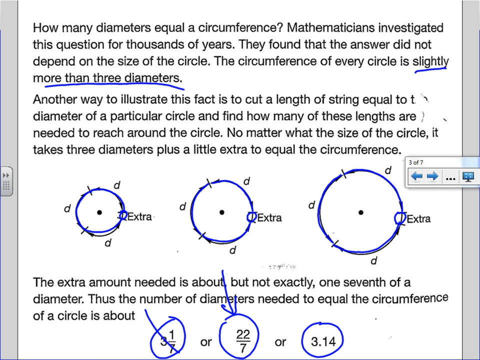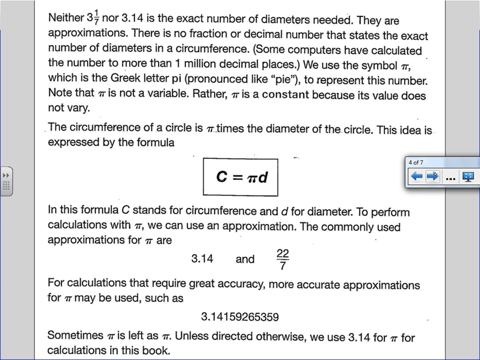Okay, it goes on and on and on. So neither 3 1/7 nor 3.14 is an exact number of diameters needed. They are approximations. There is no fraction or decimal number that states the exact number of diameters in a circle. Some computers have calculated the number to more than 1 million decimal places.